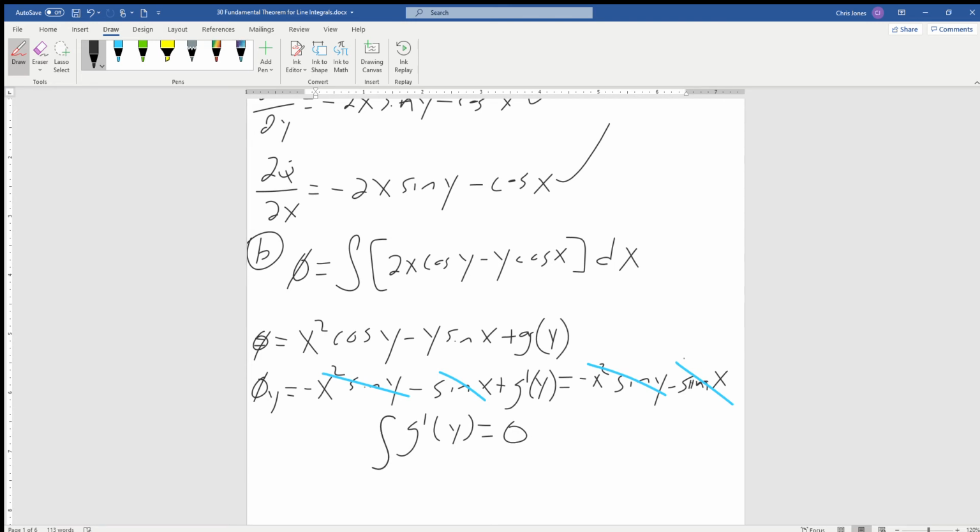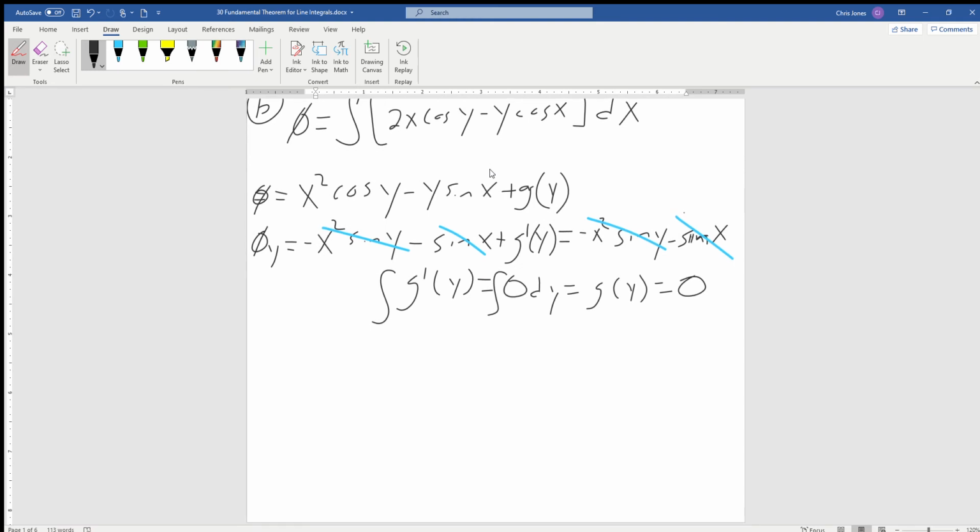We're going to integrate both sides with respect to y. And that means that g of y is equal to 0 as well. Technically, it's equal to a constant, but then so is phi of x, y. So let me show you what happens with that, just to make sure everybody understands that there is a constant there.